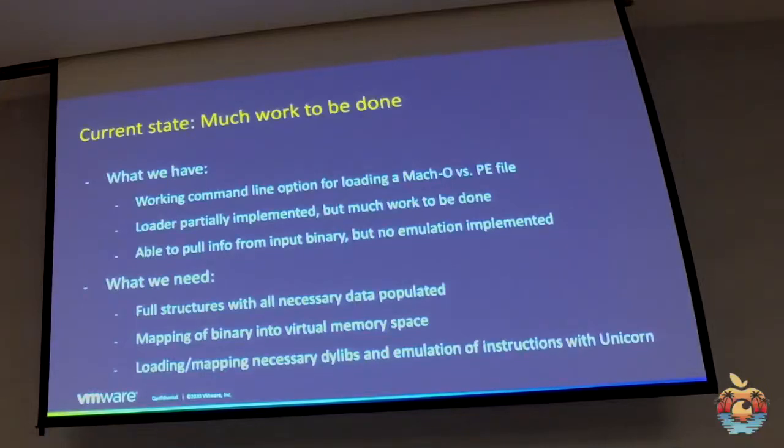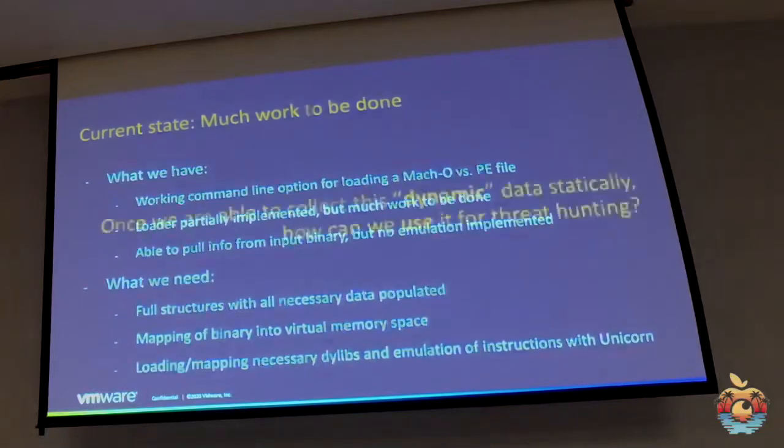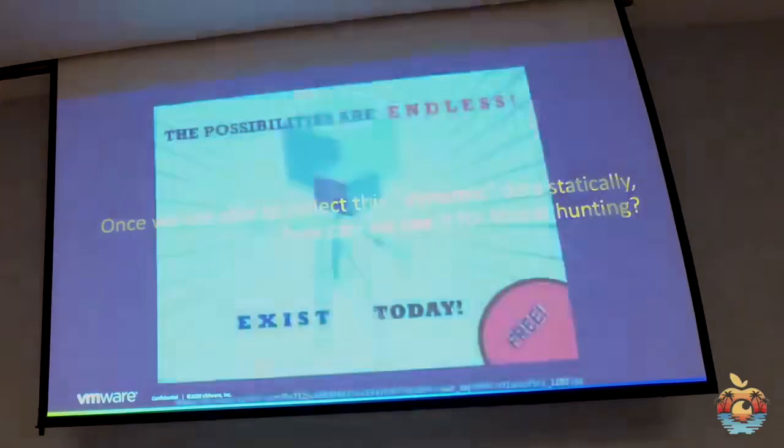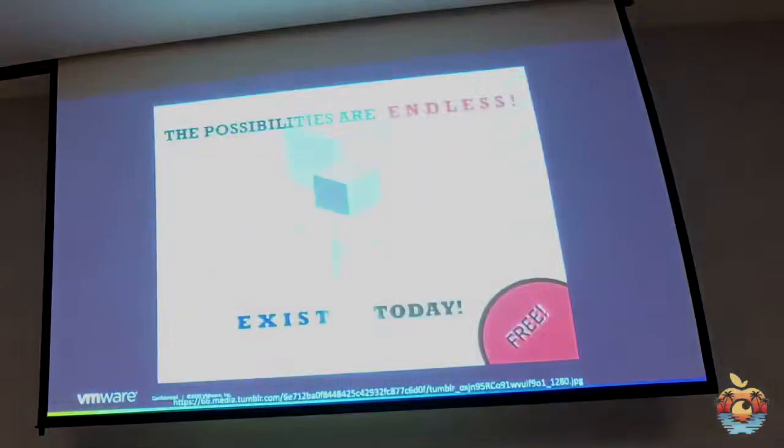Definitely hoping to release this publicly soon, and we'll announce that when it happens. But we do still have a lot of work to go. We're running out of time, so I just want to say, from a threat hunting perspective, once we have this kind of partially dynamic data, there are a lot of uses for it.